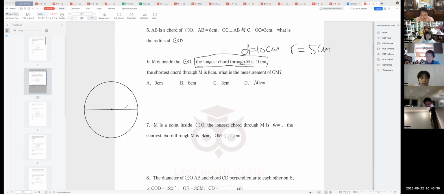The shortest chord through M is 8 centimeter. M is here, right? So this is M. This is 8, so this is 4, and this is 4, right? What is the measurement of OM?